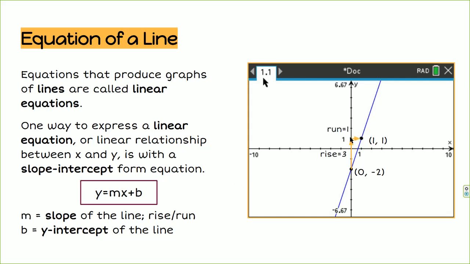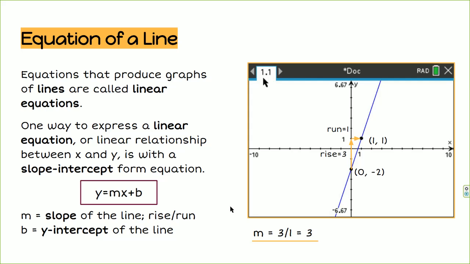My run, how far I have to go sideways, is 1, from 0 to 1. So to get from my first point to my second, I go up 3 and over 1. So my slope is 3 divided by 1, rise divided by run, which is 3. So I know the coefficient on my x term is going to be 3.